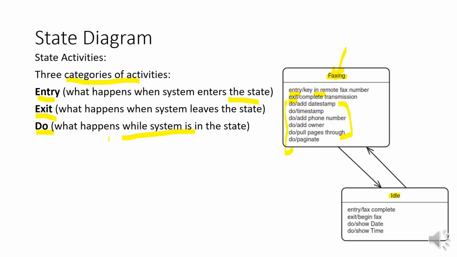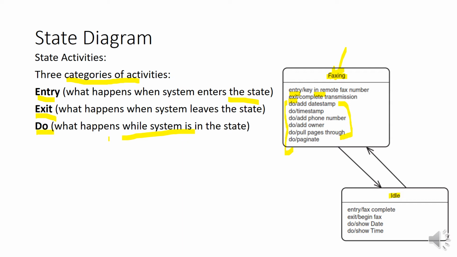So do and the hash sign represent the activities that will happen when the object is in the faxing state. So add date stamp, timestamp, add phone number, add owner, pull pages through, and paginate are the activities.